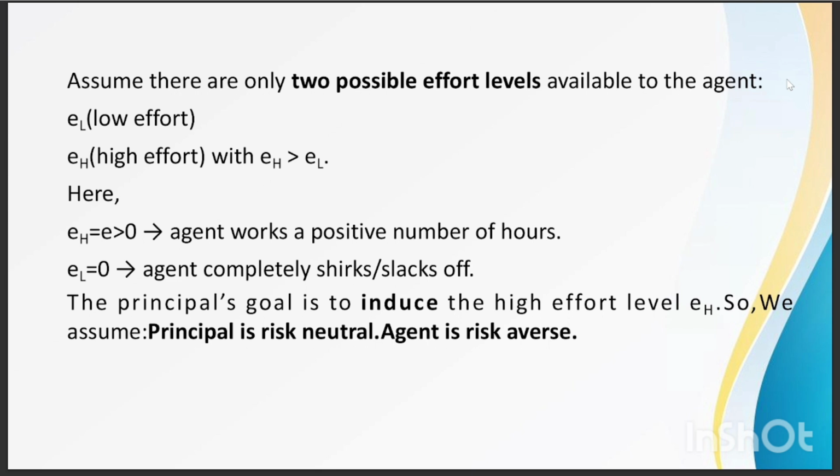The principal is risk neutral, meaning it cares only about expected profit, and the agent is risk averse, dislikes uncertainty, and needs incentives to take risks. So the goal of the principal is to design a wage schedule that motivates the agent to choose high effort EH instead of shirking.